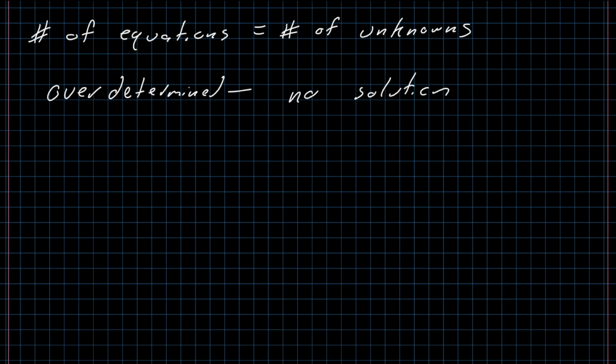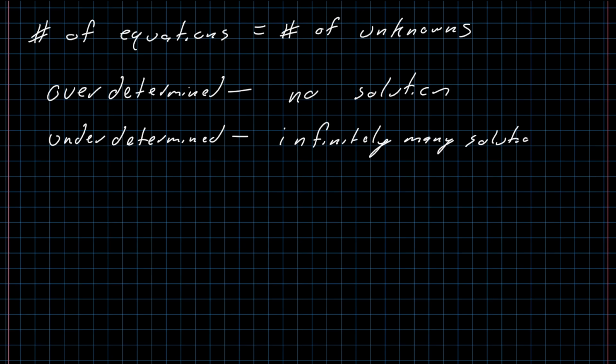We call a system overdetermined if it has too many equations and you can't satisfy all of them. There is no solution in this case. An overdetermined system has equations that contradict each other.